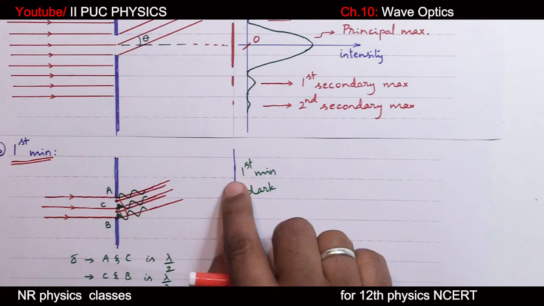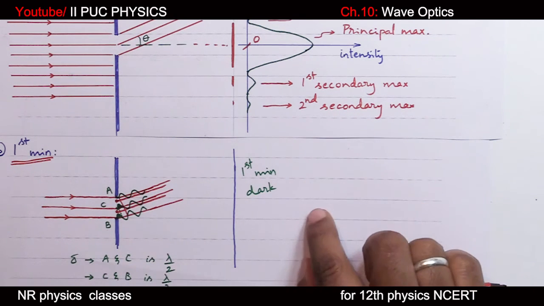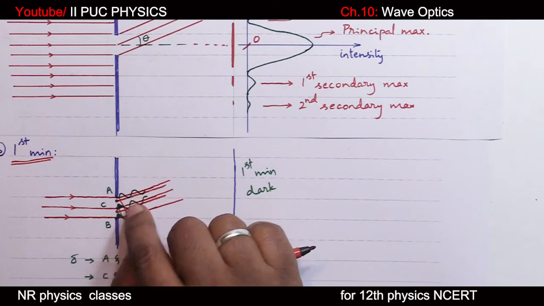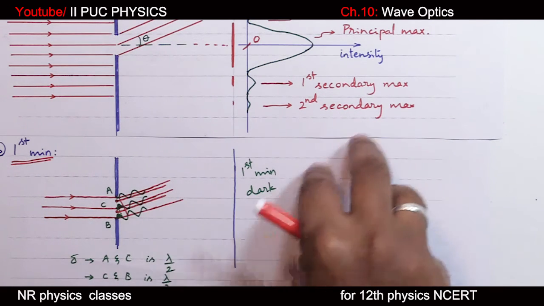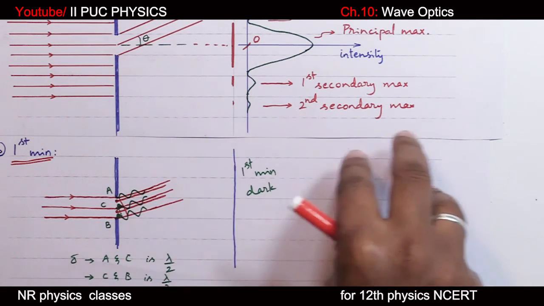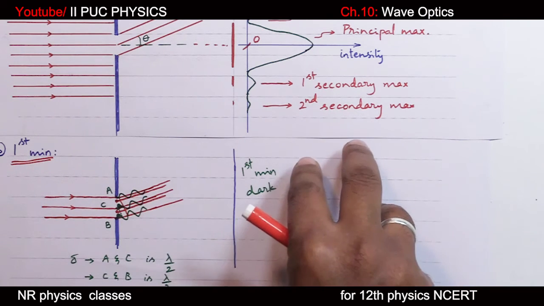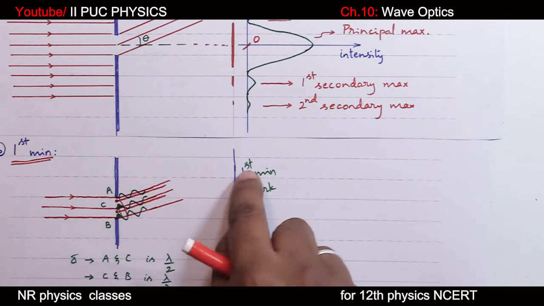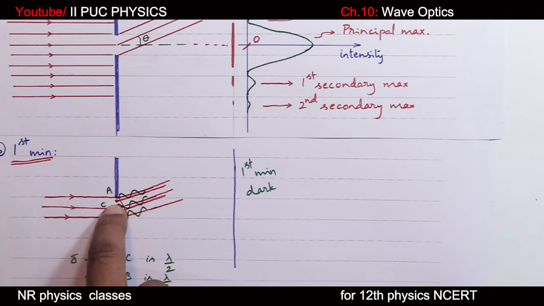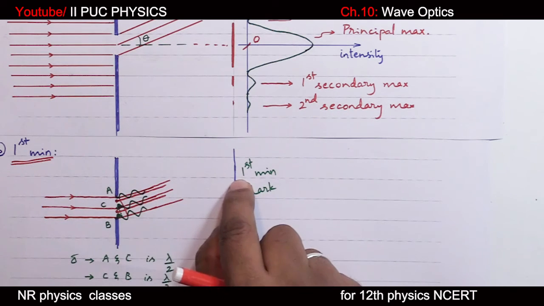Students, don't get confused between diffraction and interference. They interfere destructively means there is no distinction between interference and diffraction. In the last topic, let us go through the differences between interference and diffraction. They interfere destructively. Every wave between A and C will interfere destructively with any other wave between C and B. As a result, there is a dark region.